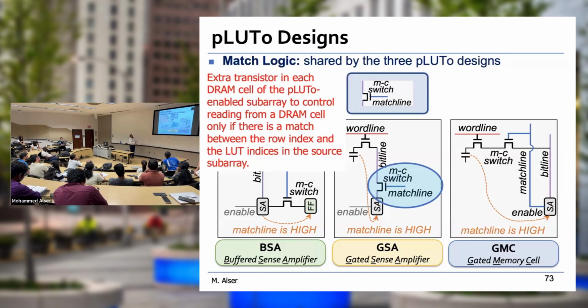So in the first case, I wait until I read that cell, and then I decide if I want to use it or not. In the second case, I avoid the sense amplifier, and I decide before I send it to the sense amplifier. Now I want to do a much earlier step and avoid even sending it to the bit line itself. I don't want to send the value at all outside the memory cell. Okay? So I add a controller over there before connecting the cell to the bit line itself.